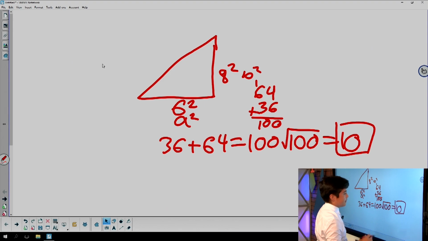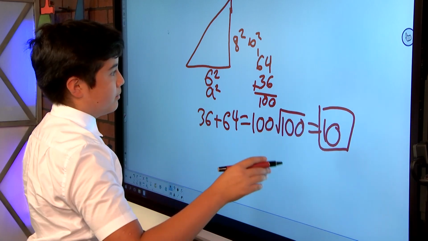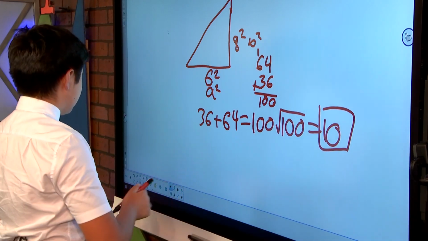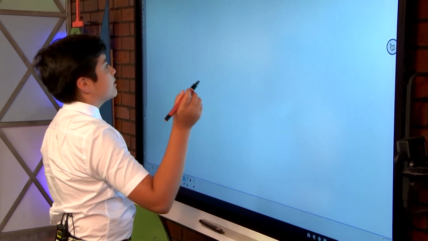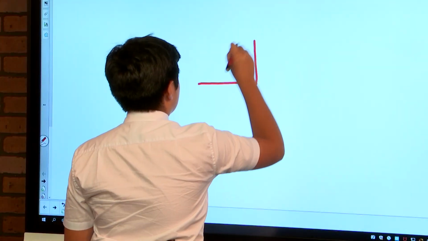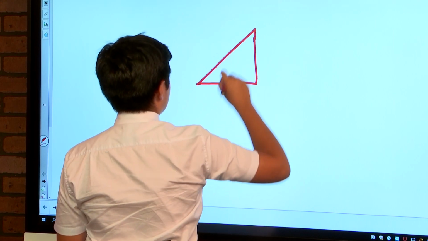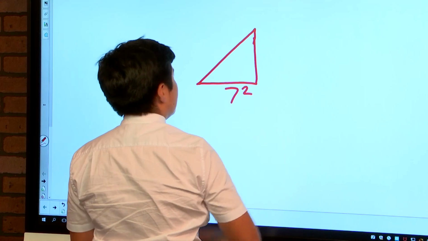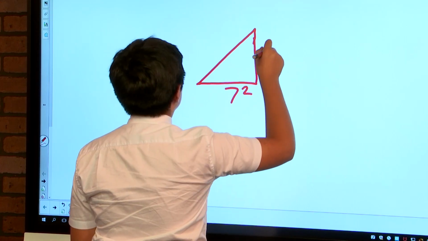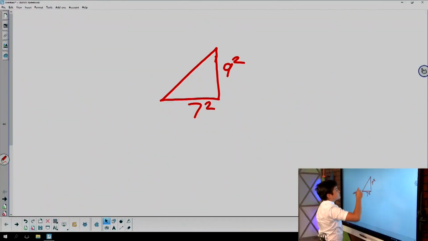Now that's your answer. Now it's not always going to be that number. Sometimes it'll be different and you're going to have something that looks like this. So I'm going to draw another triangle and we're going to get 7 squared and let's do something random, 9 squared.